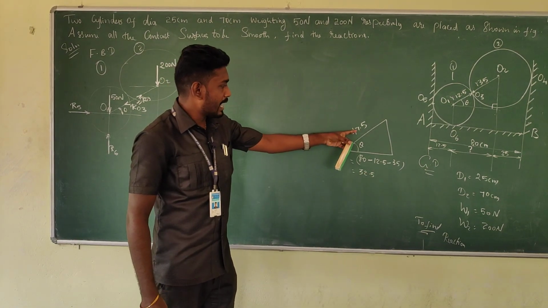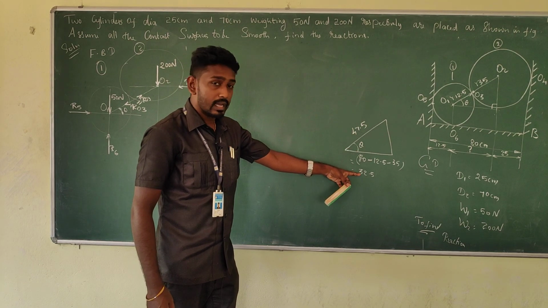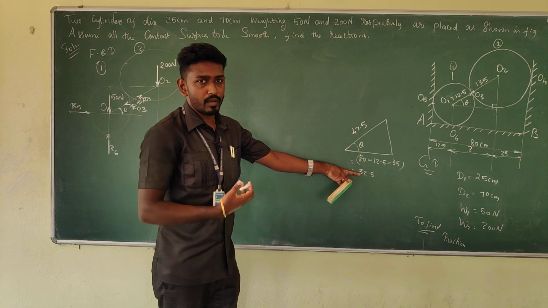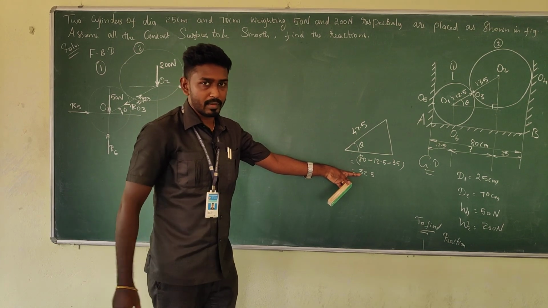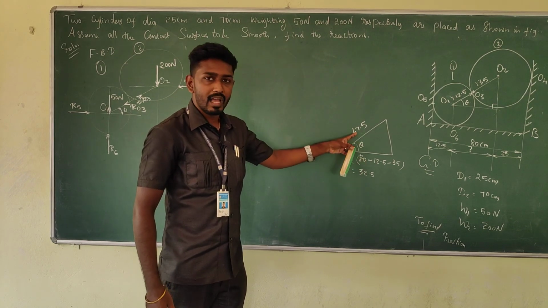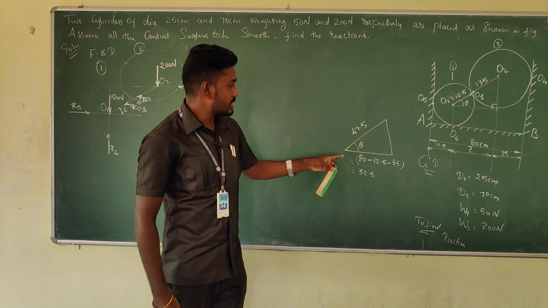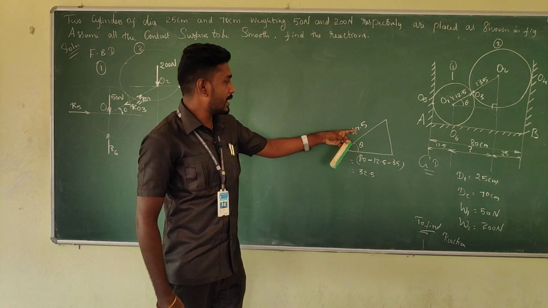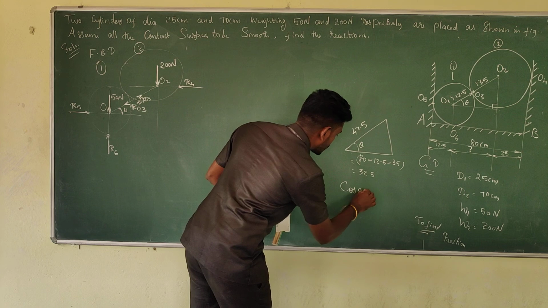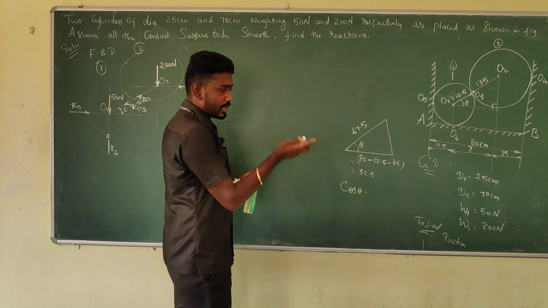So now we have the hypotenuse side of theta and the adjacent side of theta. Just try to relate it with the formulas which we know, sin theta or cos theta. Sin theta is opposite side by hypotenuse, right? Cos theta is adjacent side by hypotenuse. So we can relate it by cos theta, adjacent side by hypotenuse.